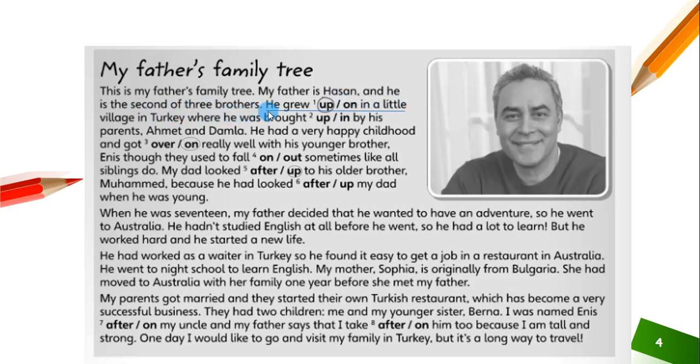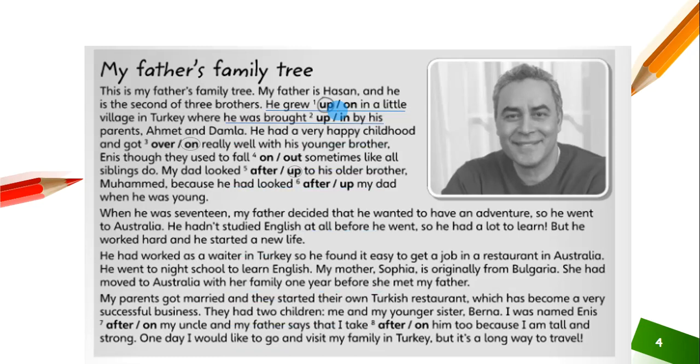He is the second of 3 brothers. He said that he grew up in a little village. So he told us where he grew up. Okay, so this is one of the pieces of information that is important to mention when you start writing about someone in your family's history.